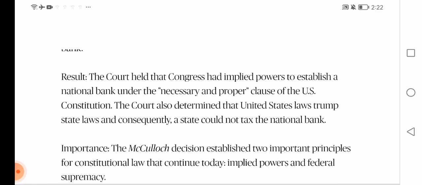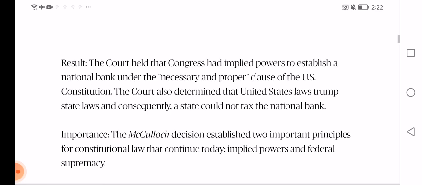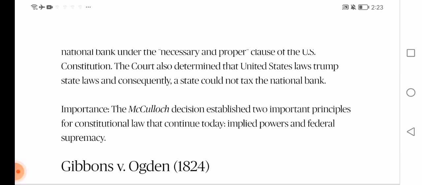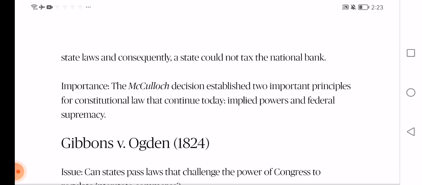Result: the court held that Congress had implied power to establish a national bank under the Necessary and Proper Clause of the US Constitution. The court also determined that United States law trumps state law, and a state could not tax the national bank.